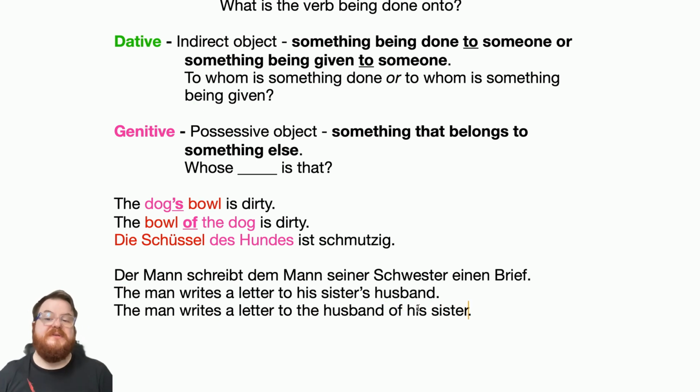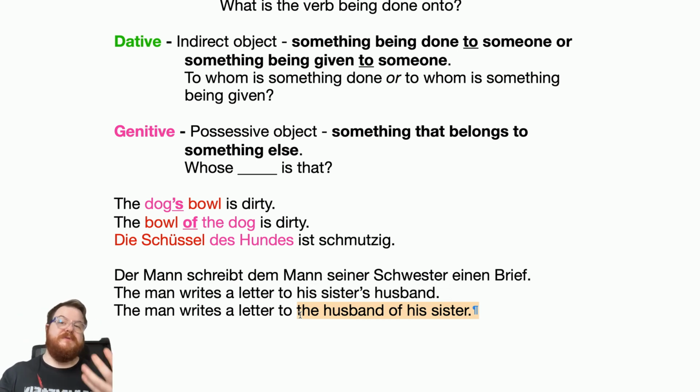The reason why I'm putting it both ways around is because I really want you as a learner of German to start thinking of the genitive using this word order in English, because it makes things a lot easier. If you think of apostrophe S word order, it makes things a little bit more tricky to translate into German.